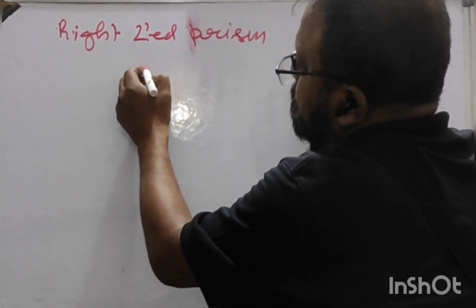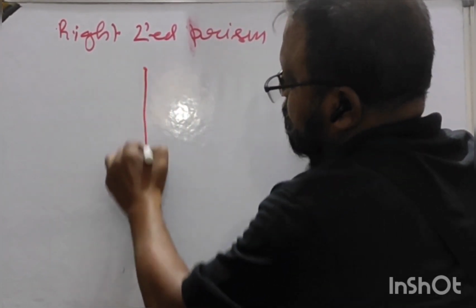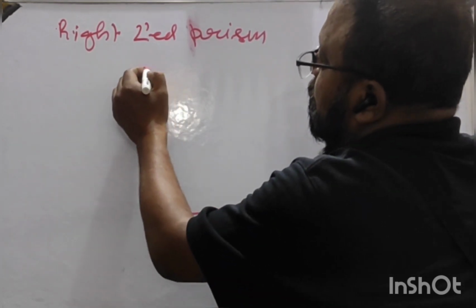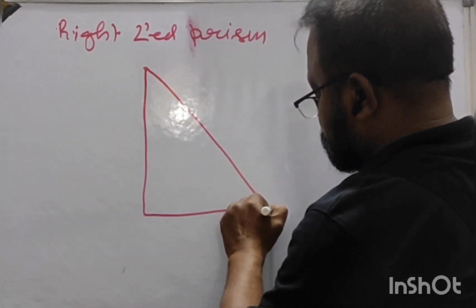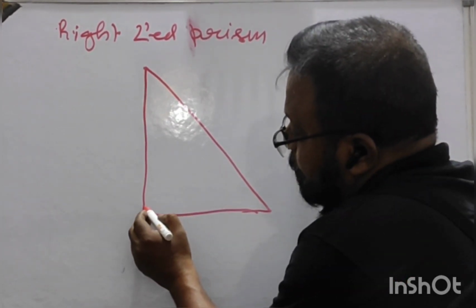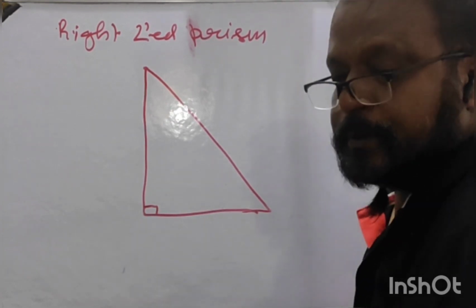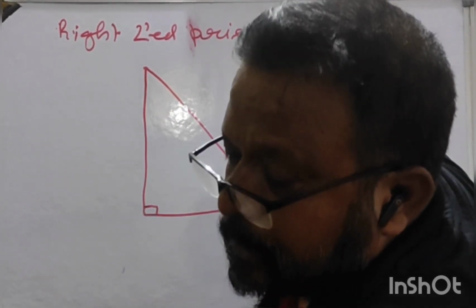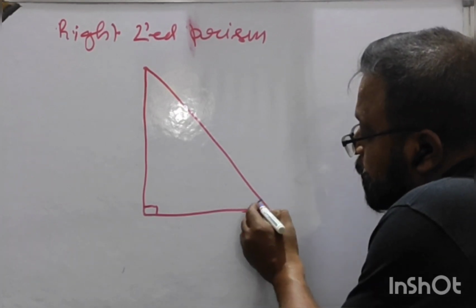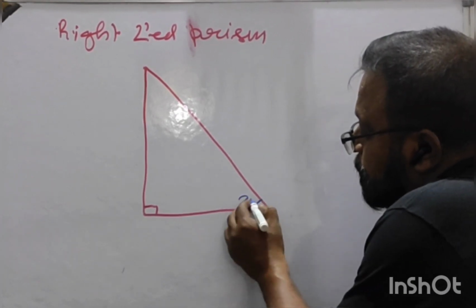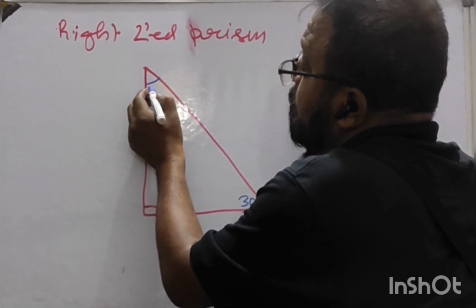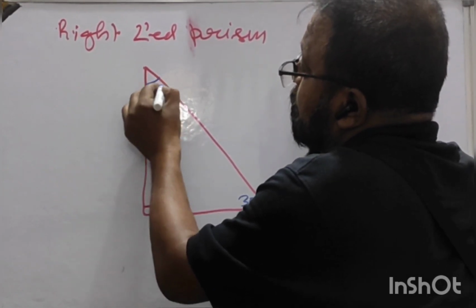So this is a prism like this, and like this, right? If I say this angle is of 90 degree, and this angle is of 30 degree, and this angle is of 60 degree. Fine. 60 degree.